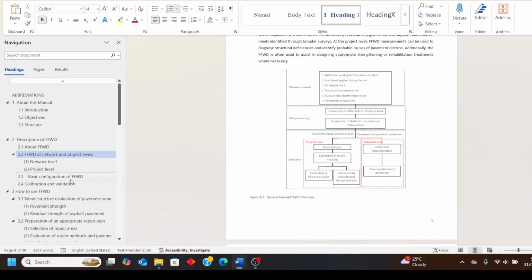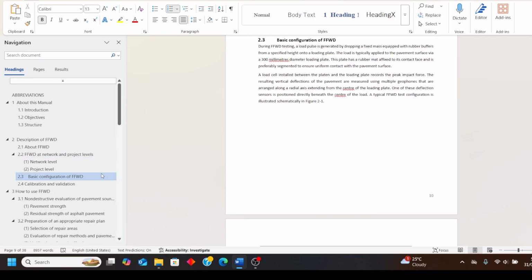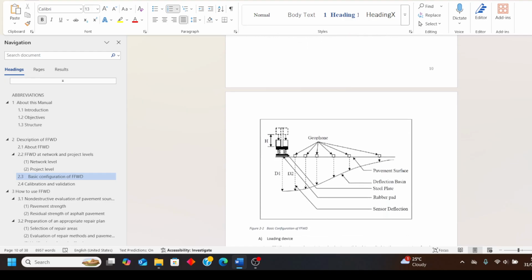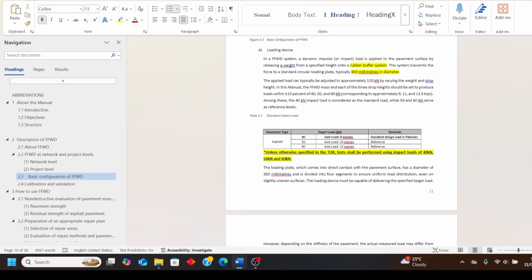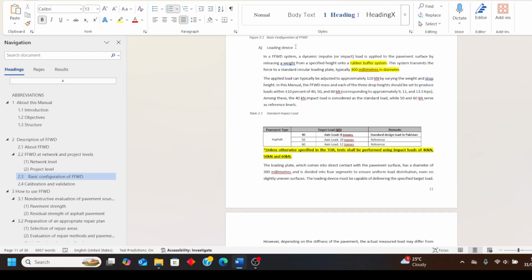Now I will move to another section of the same chapter, which is the basic configuration of the FFWD. So FFWD has three main parts. First, we have the loading device.